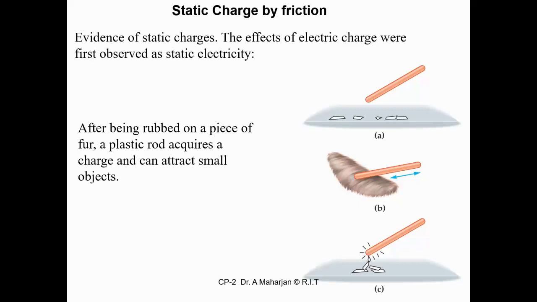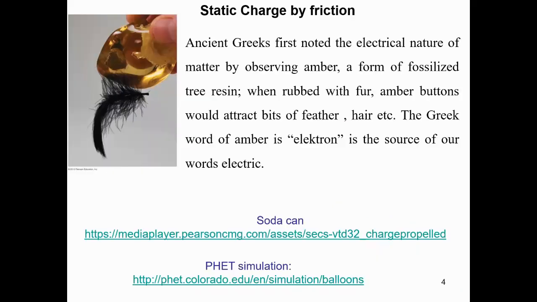If you rub a glass rod or any plastic, insulating rod, against a floor or any cloth, it can attract tiny bits of paper, something like that. So what causes that, right? That's how electrostatics was discovered. In fact, this static charging was discovered by ancient Greeks hundreds of years before, by rubbing fossilized resin called amber.